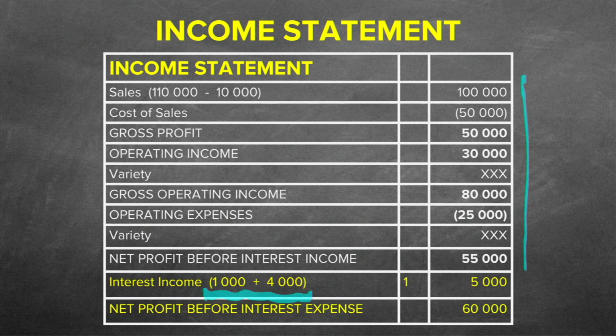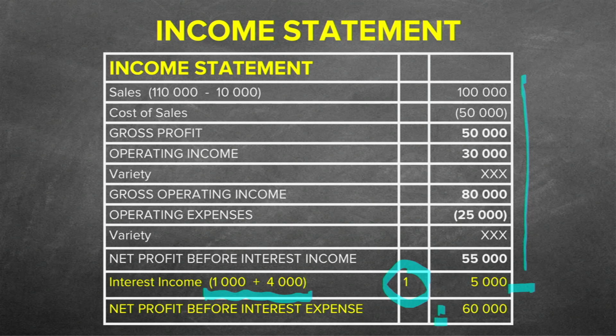And so there was 1,000 rands interest plus 4,000 rands interest. I can indicate note 1 over there, and that gives me 5,000 rand. And I now say 55,000 rand, which was my net profit before interest income, plus my interest income, will give me my net profit before interest expense.